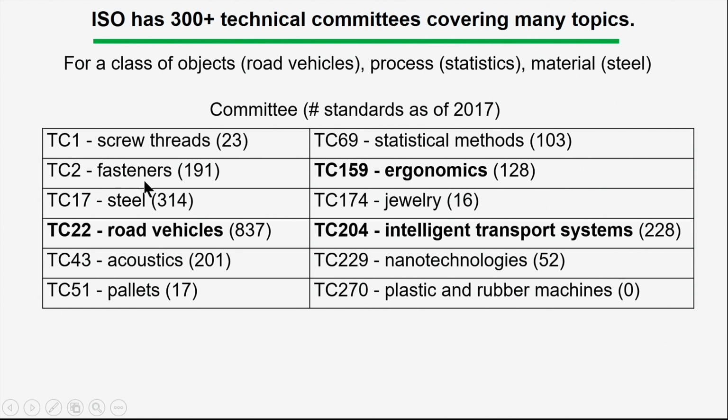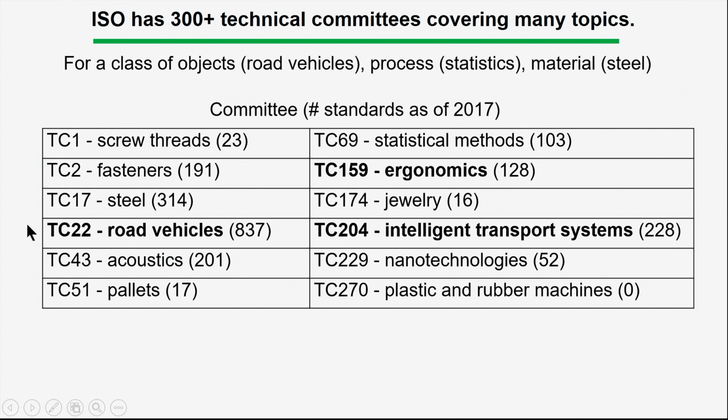So therefore, screw threads and fasteners, nuts and bolts was one of the first topics that were addressed. Steel and all kinds of materials. Obviously, if you're making a product, you'd like to be able to specify what it's made of, and steel is an important component in many, many products. So being able to say, I want this steel with the following qualities, you need to have some standard way to identify what that steel is.